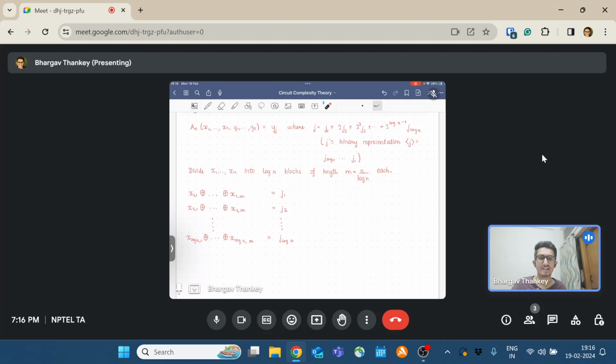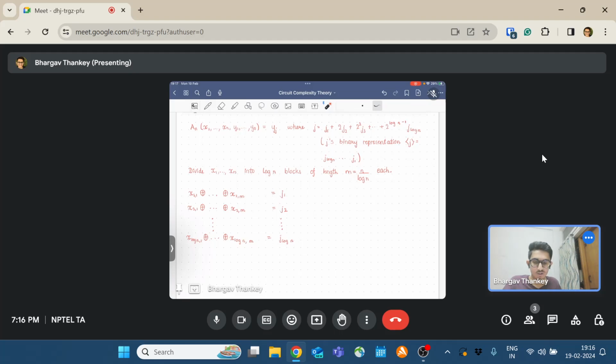Now, what should our strategy be to compute it? Can you propose a strategy? We are doing two things: computing the index string and then indexing.